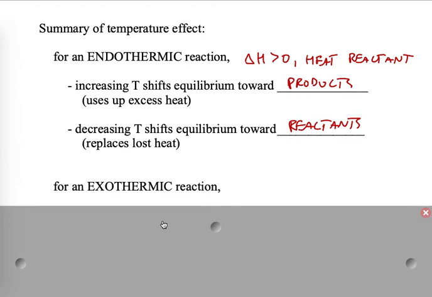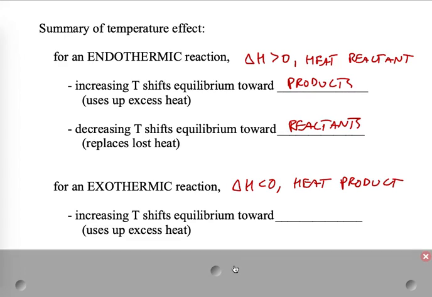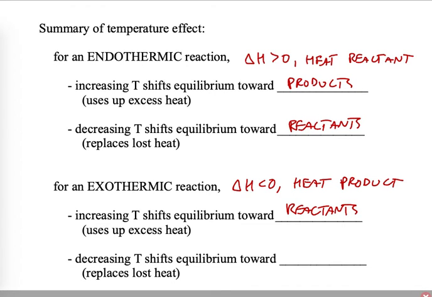On the other hand, for an exothermic reaction, in which delta H is negative and heat is considered to be a product of the reaction, increasing temperature shifts the equilibrium towards the reactants to use up the excess heat, and decreasing the temperature shifts the equilibrium towards the products to replace the lost heat.